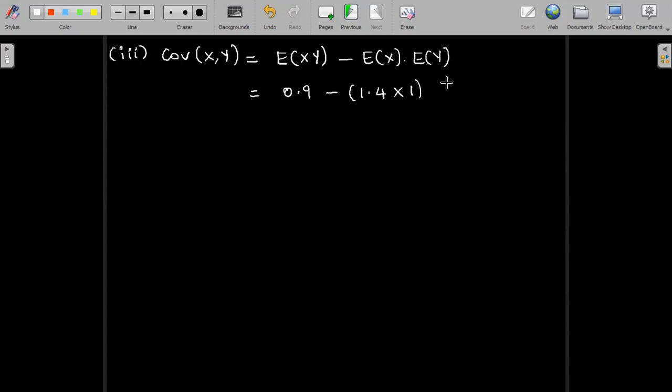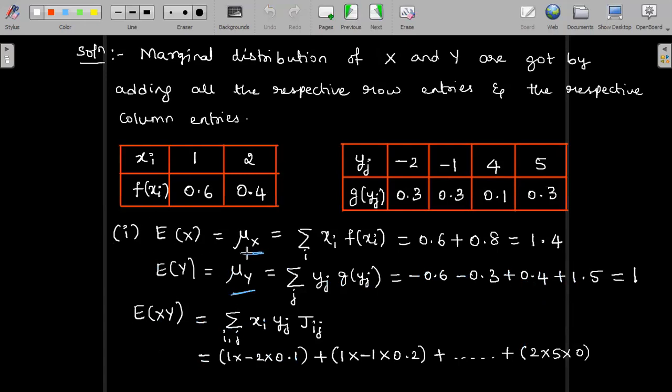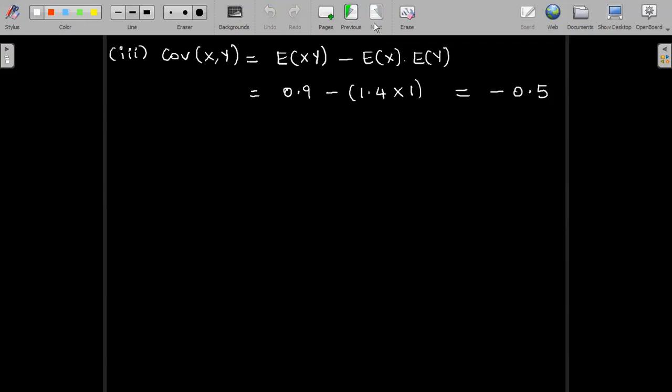So performing this gives us minus 0.5. I'll just show it to you. This was the first part of the problem for us: E of x, E of y and E of xy. 1.4, 1 and E of xy value was 0.9. So all that we substituted and obtained the covariance of x comma y.